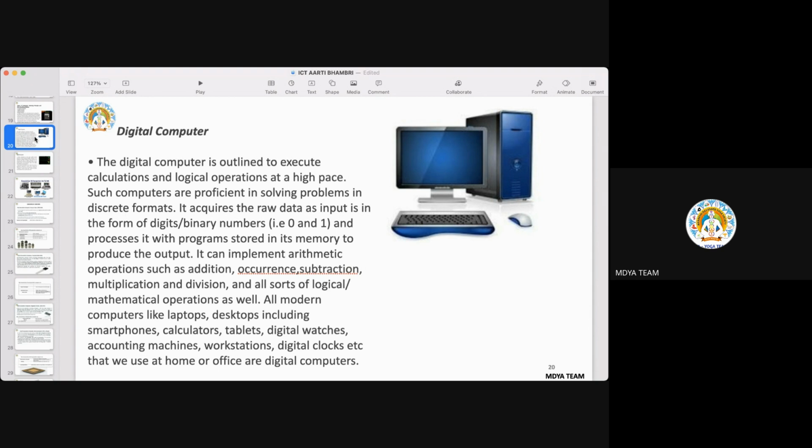Whatever instructions you have given, whatever questions or whatever you want the computer to do for you. So you give instructions, and it accesses the already set of instructions stored in the computer, and produces the result. Now it can implement arithmetic operations.